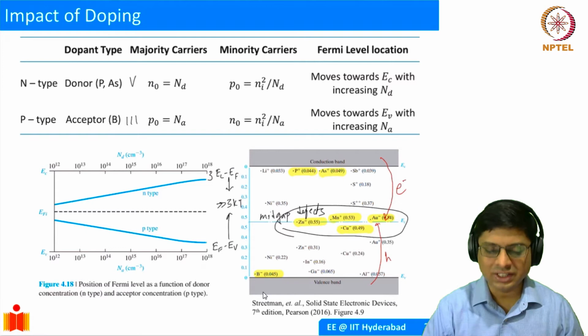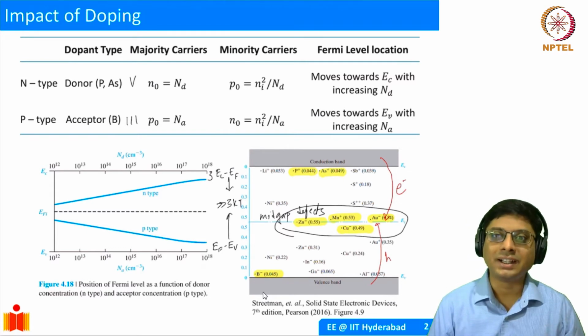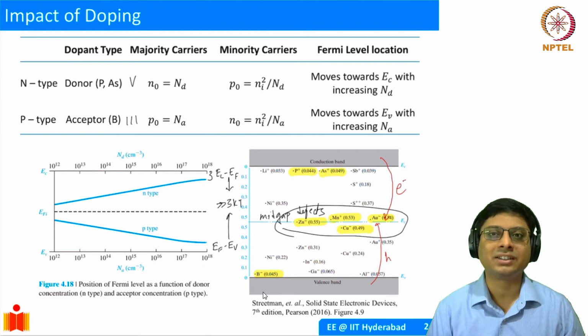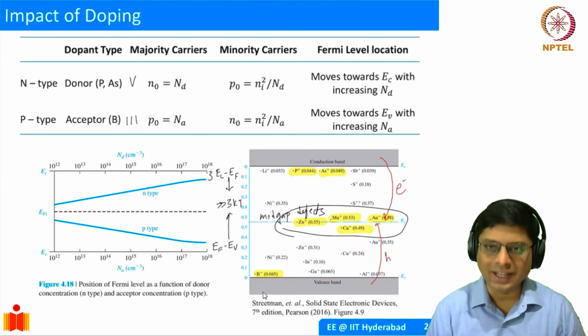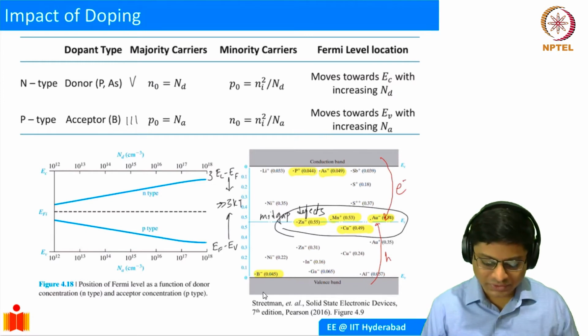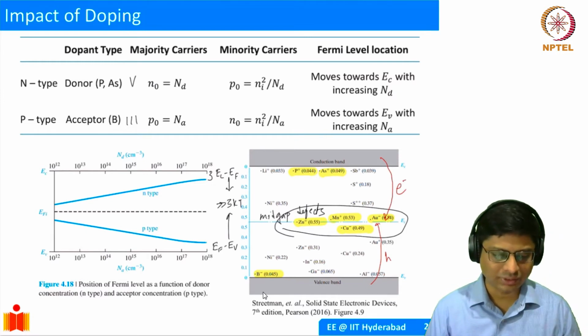With Eg by 2, this sort of trapping behavior is much more probable, and electrons and holes will recombine and dissipate as heat. We don't like that in semiconductor devices. That's why we don't like energy levels in the middle of the band. So we will stick to phosphorus, arsenic, and boron in the rest of the lecture today.